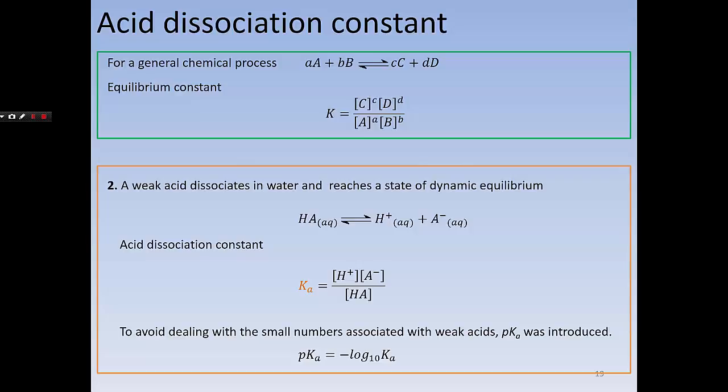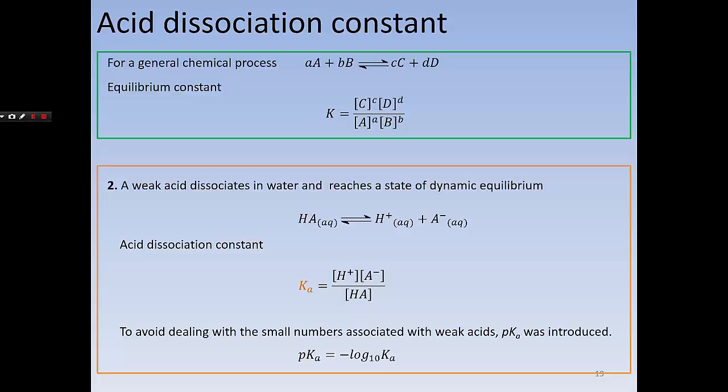Again, the equation for acid dissociation constant can be derived from the general chemical reaction and the general equilibrium constant. I would like to mention again, the HA here is not the formula for any particular weak acid. It only denotes weak acids in general.